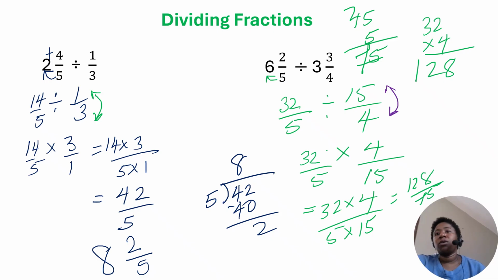So 128 over 75. We want to know how many whole 75s we can get from 128. 75 times 2 is 150, so we know only once. The denominator remains unchanged. So essentially we want to know what's the remainder after we take our only 75 from 128.